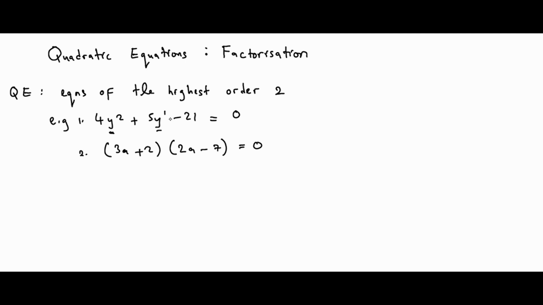But when we look at it more closely, if we expand the brackets, we get to a point where 3a multiplies 2a to get 6a squared. Saka because we have 6a squared and 2 is the highest power, that is still a quadratic equation.